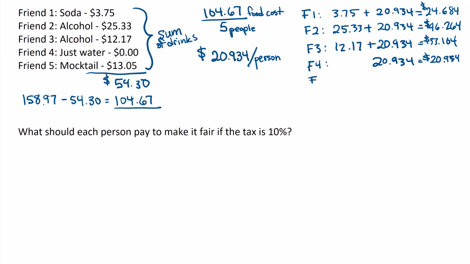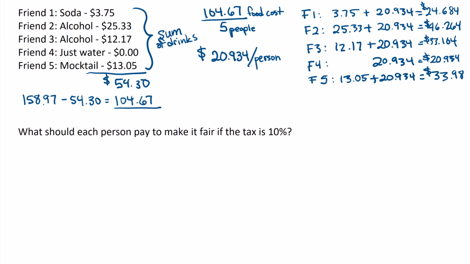And friend 5 spent $13.05 on drinks and spent the same on food, $20.934. This should sum to $33.98.